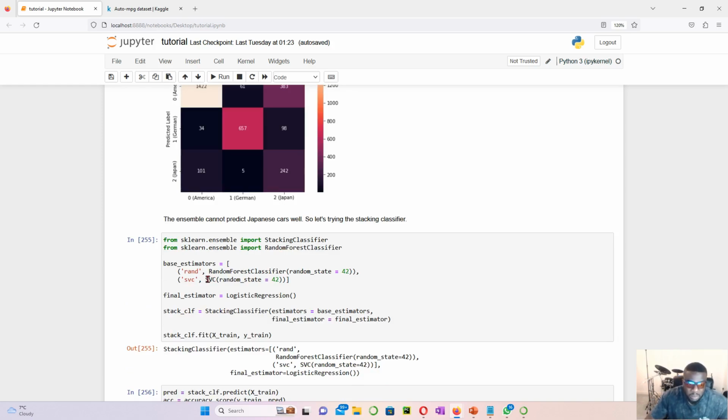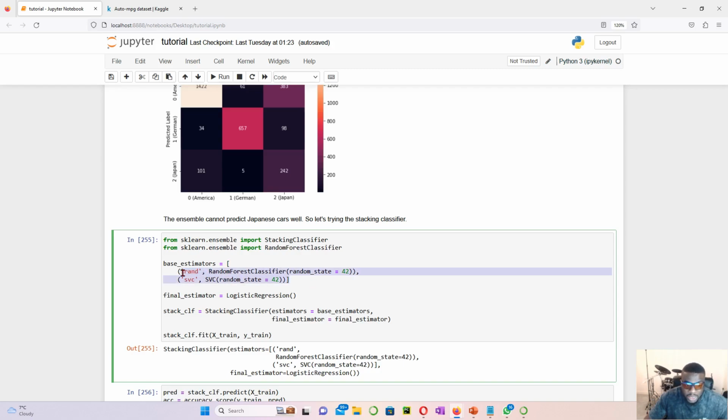So for the base estimators, I used a random forest and a support vector classifier, right? And then the outputs of these models are going to be the input into a logistic regression estimator, right? So in a sense, this stacking classifier is learning from itself. It's learning how to make better decisions by looking at previous models.